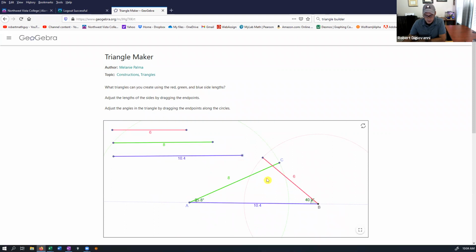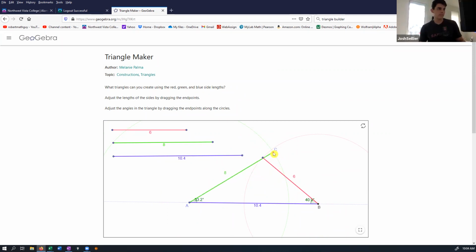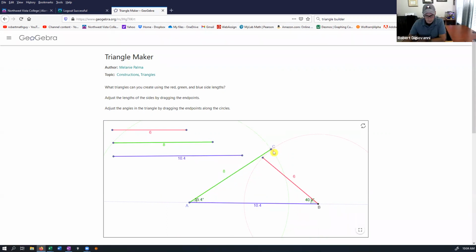Okay, please help me. What was the angle that went with A? 35. Close enough, right? 35-ish. And then what was the angle that went with B? 49.9. I think, are you all satisfied that that's the triangle that we have?